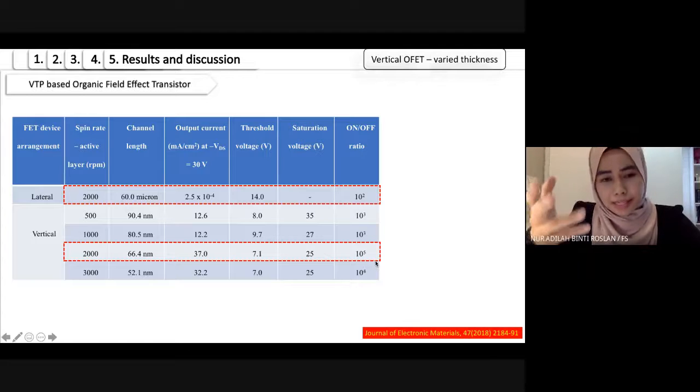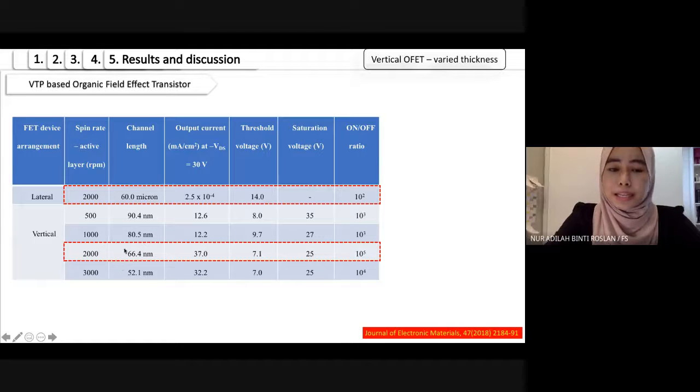It is suggested that the thickness, or the spin speed that gives the thickness, will dictate the supply volume of the charge carrier. And then we focus on the arrangement, that is lateral and vertical, with the same speed of 2000 RPM.